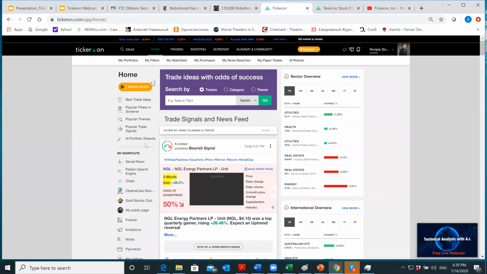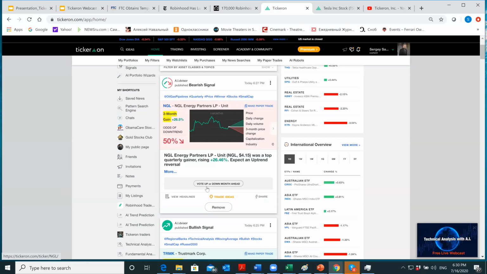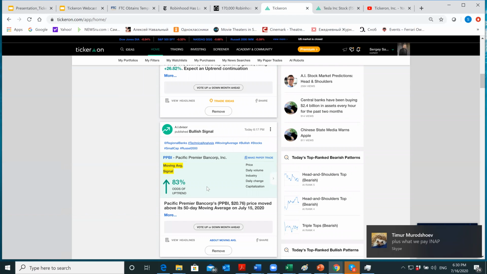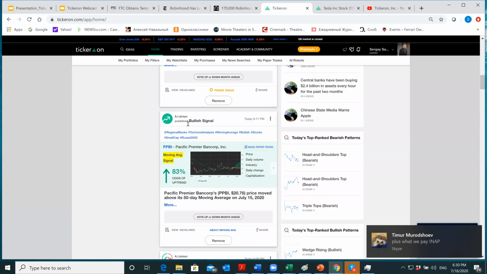So what we have here is a feed similar to what you have in your feed for Facebook, okay? And as you can see, it has a picture, it has this signal. What is the signal?